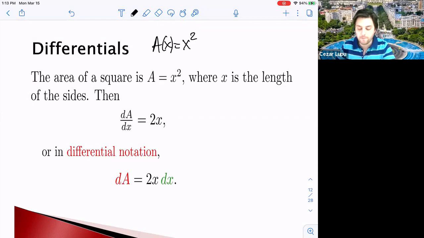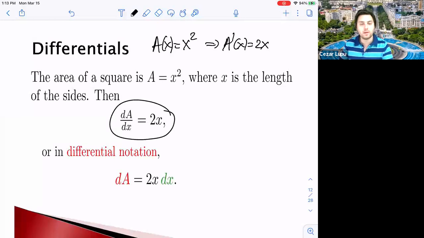So a of x is x squared. And therefore, we can take the derivative: a prime of x is 2x. Or we can write it in this way: the derivative of a with respect to x is 2x.